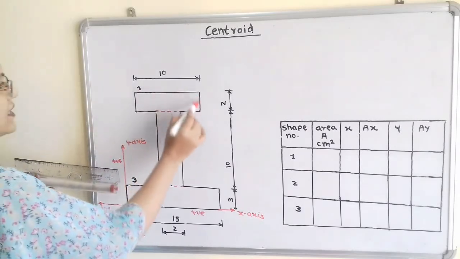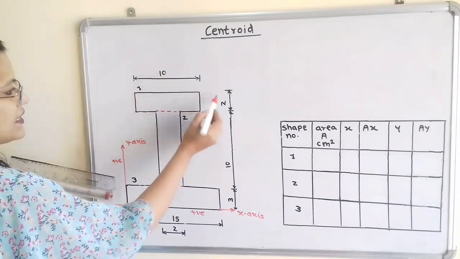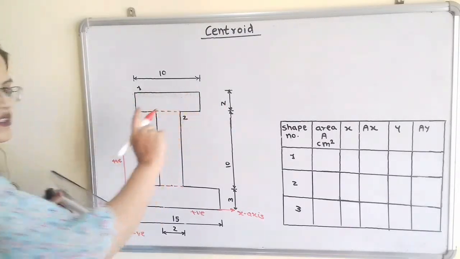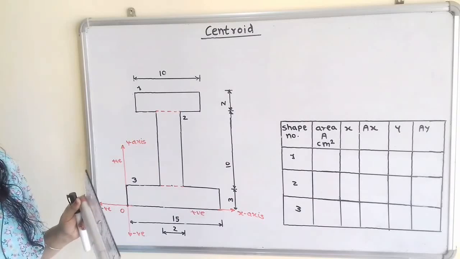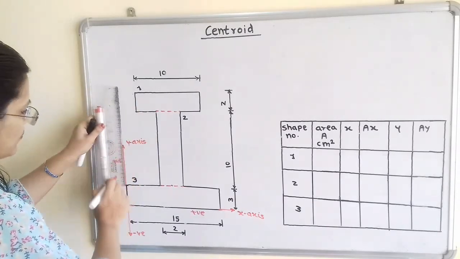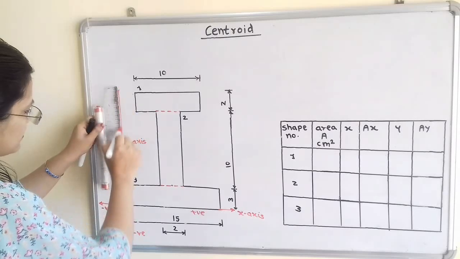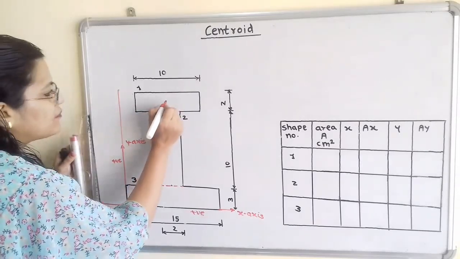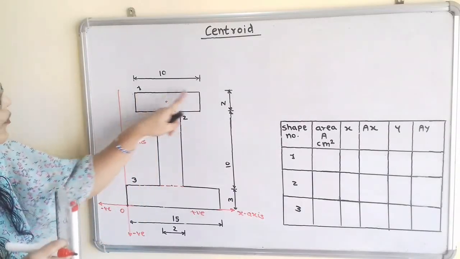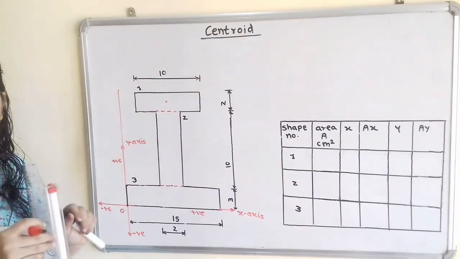So here is the rectangle with length 10 and width is 2. So first point we have to select the center point. I will extend this y-axis. So first step, we have to select here the center point. So I will select the center point for the shape number 1.